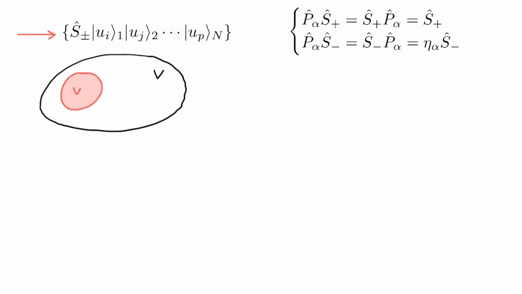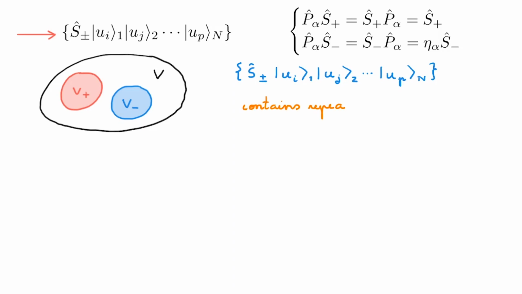But V+ and V- are non-complementary subspaces of V, so their dimension is smaller than that of V. If we simply apply the symmetrizer or antisymmetrizer on every single basis state of V, then we will get as many basis kets as the dimension of V, which is many more basis kets than the dimensions of either V+ or V-. This means that this set contains repeated states, and we would ideally want to build a new basis for V+ and V- that doesn't contain repeated basis states.